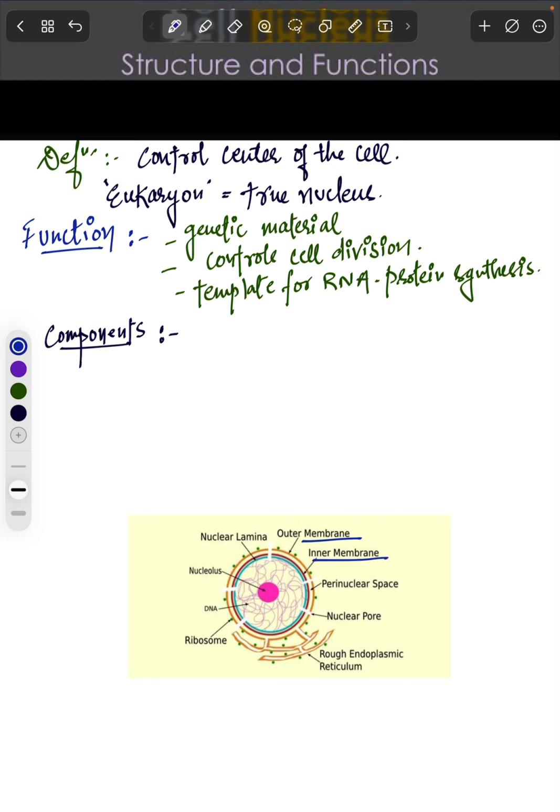So these two membranes together make the nuclear envelope. So the first component is the nuclear envelope. The nuclear envelope is pore riddled, meaning these minute pore-like structures are there in the nuclear envelope.